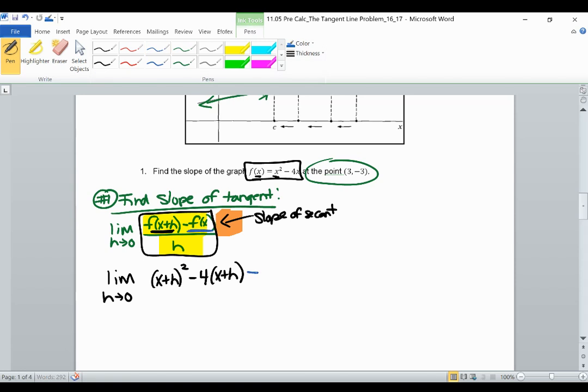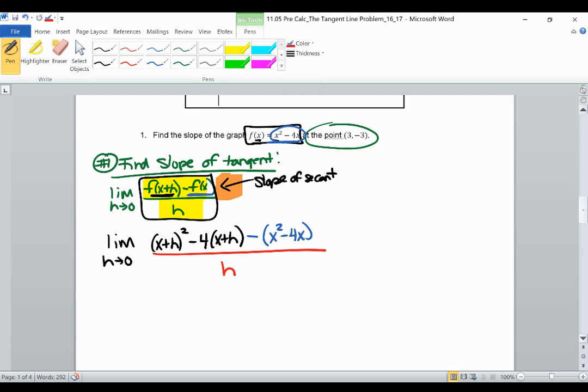So I'm going to do minus, and make sure you put that in parentheses because we're subtracting that entire thing. So f of x, I already know what that is. It's this thing. I don't have to change anything about it. All over h. All right, so now that's the hard part of substituting in our x plus h, subbing it all into our formula.